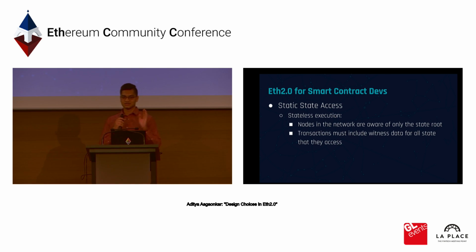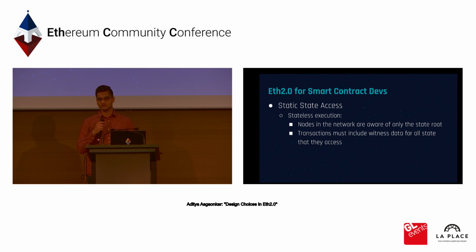Static state access. This is something that you might not be aware of. So I'm sure you guys know what stateless execution is. So nodes in the network don't hold any state. State storage is probably the biggest pain point of Ethereum 1. So Ethereum 2 and 1.x is moving forward with stateless execution, where each transaction provides the state that it needs.